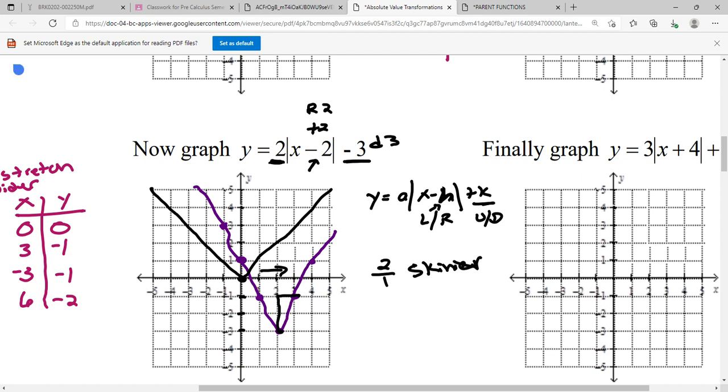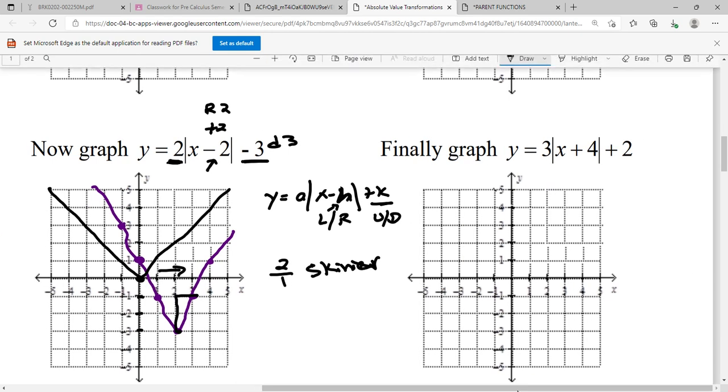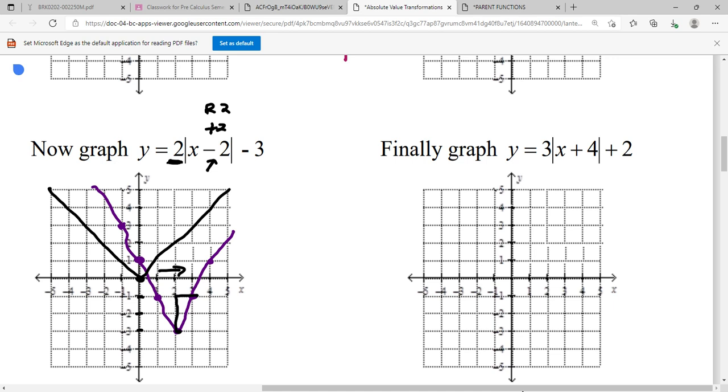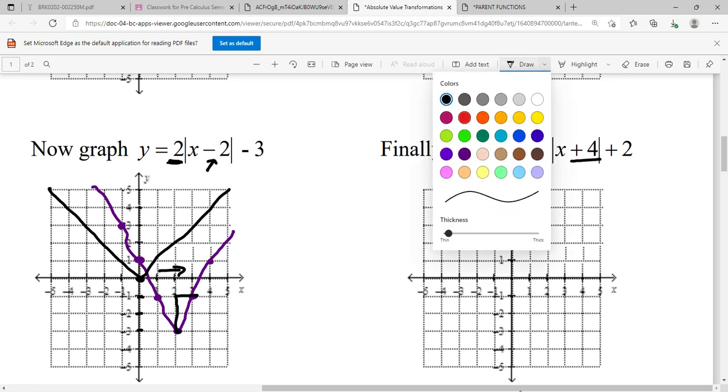Right. All right. So let's try that on this one. And we aren't going to make a table of values for this one. We are just going to try to work it out by figuring out what the transformations are. So on this one, first of all, we've got this plus 4. That plus 4 is our h value.